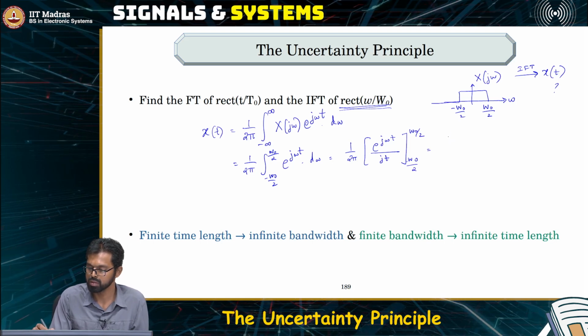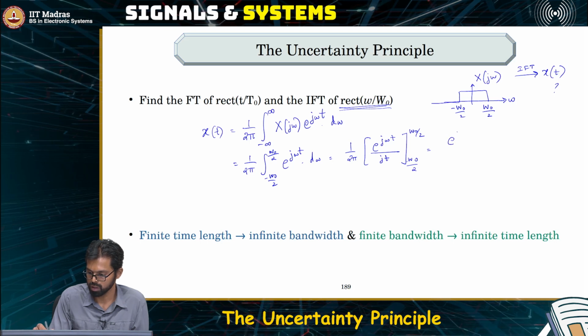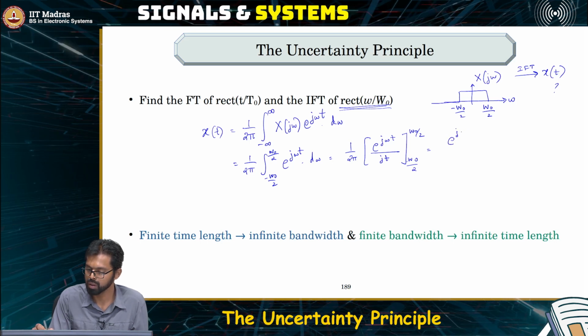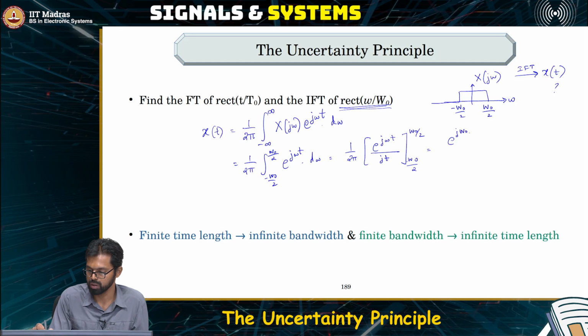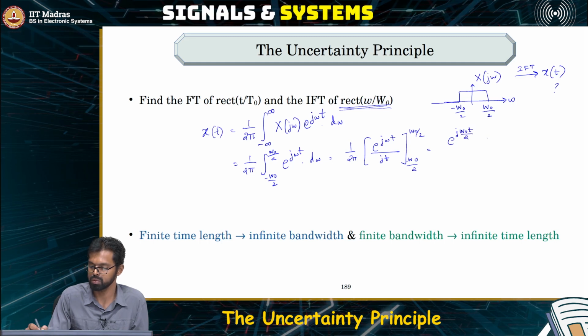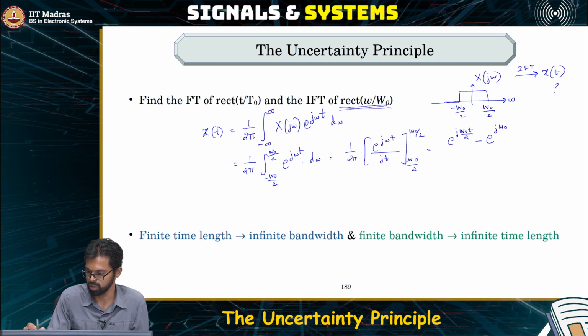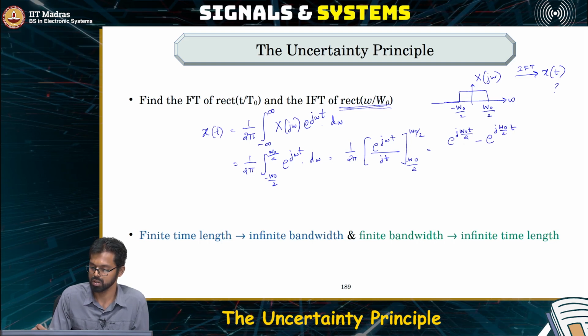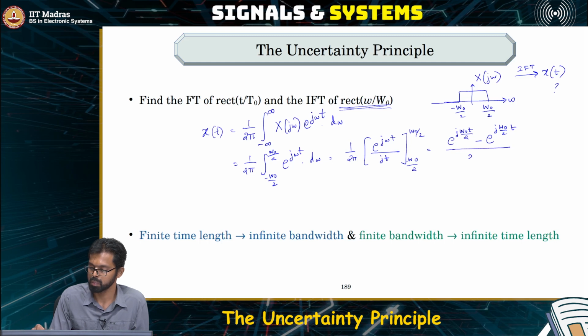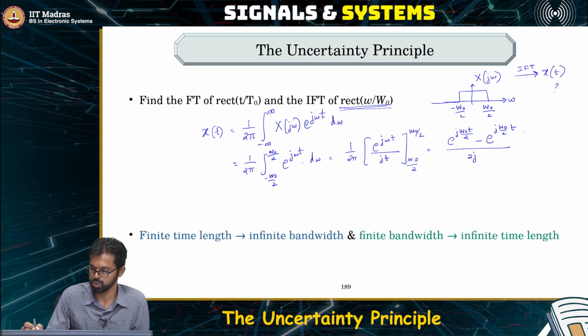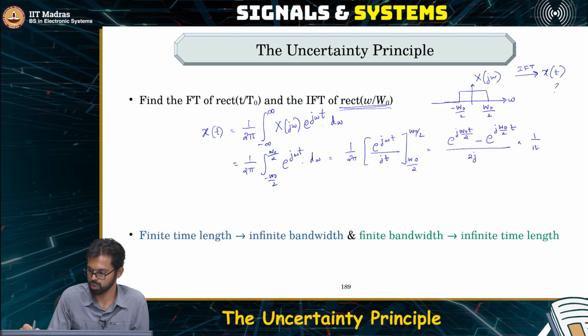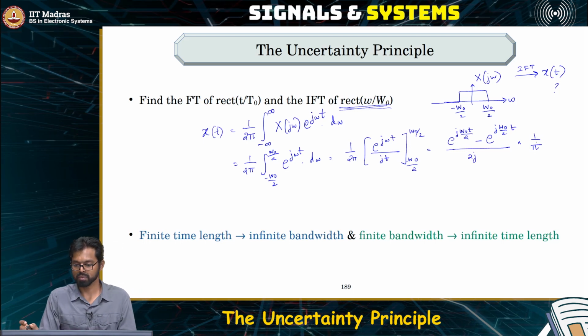We have e power j omega naught t by 2 minus e power j omega naught t by 2j, times 1 by pi.